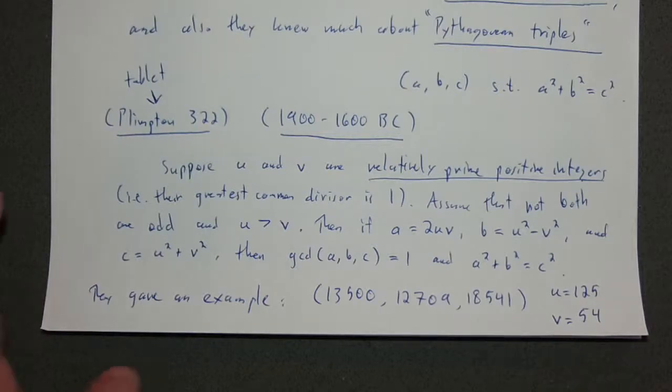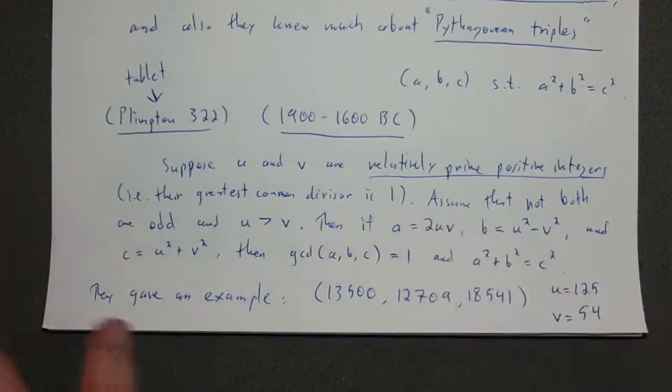I will say the converse of this is also true. That is, if you take A, B, and C that are relatively prime positive integers and take, say, A even, and you take them such that they are a Pythagorean triple, so that A squared plus B squared is equal to C squared, then you can find relatively prime positive integers U and V that are not both odd, such that A is 2UV, B is U squared minus V squared, and C is U squared plus V squared.